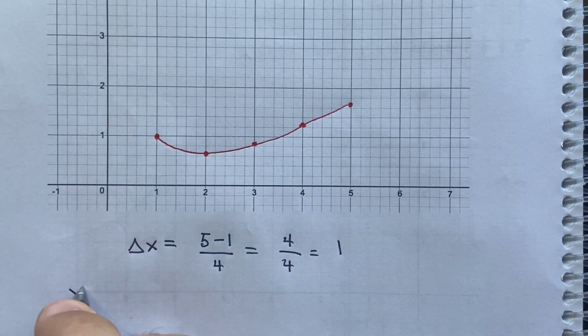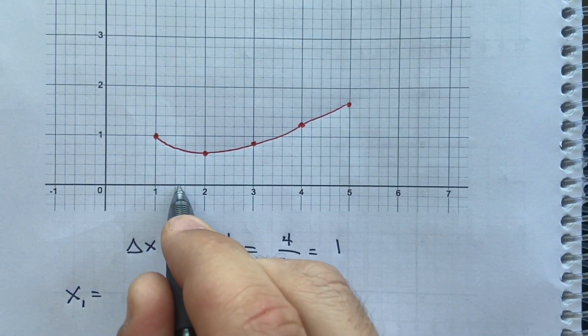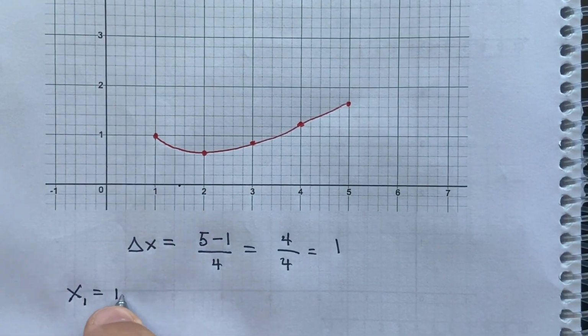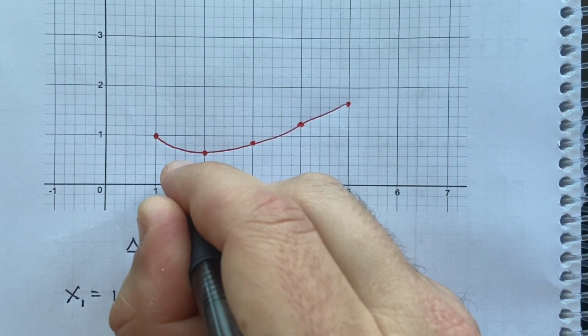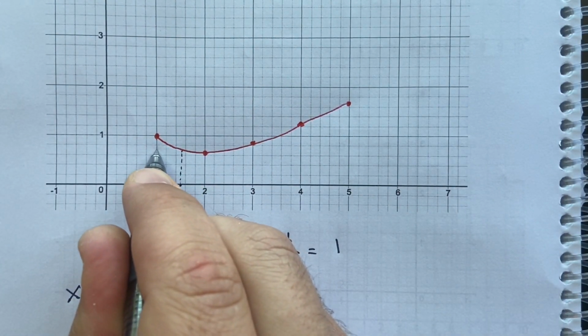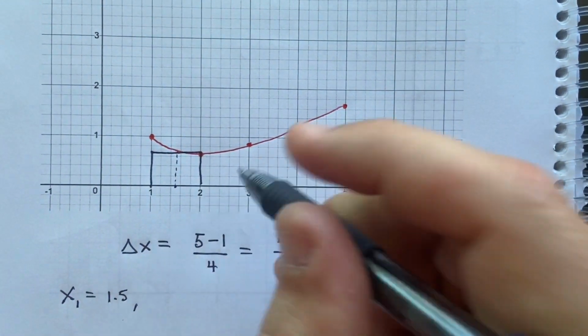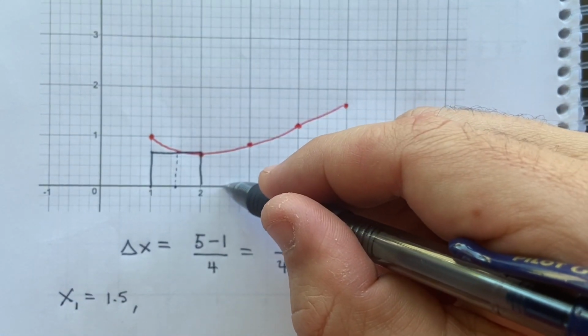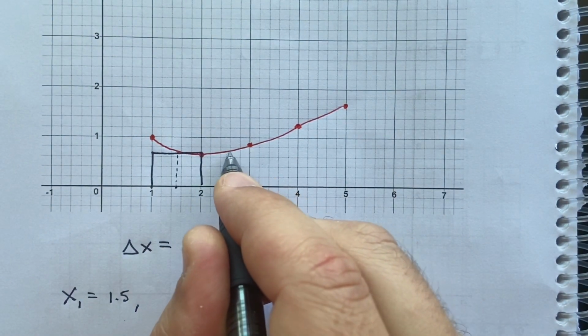So x1, the first piece, we're gonna go right here. That's gonna be 1.5. I'm gonna go up, and then make a rectangle of that height throughout that interval. I'm then gonna find the midpoint of the next interval. I'm gonna go up and then make a rectangle of that height.